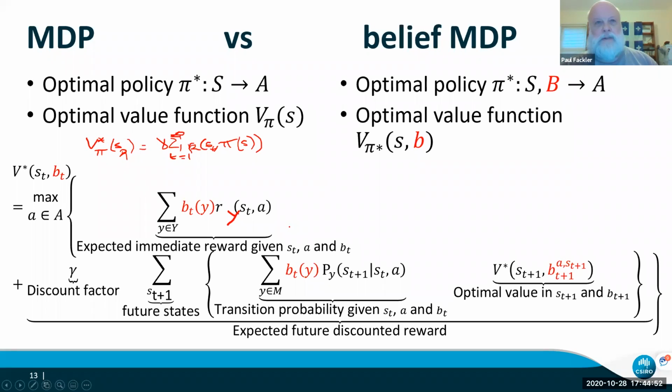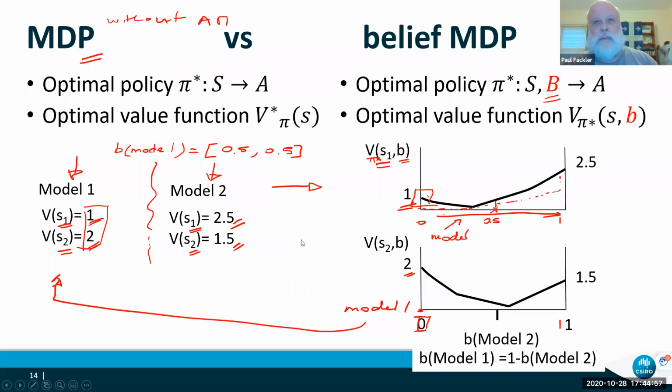Model 1 is good in the second state, and model 2 is good in the first state. So that's right. Neither model is better than the other in some sense.